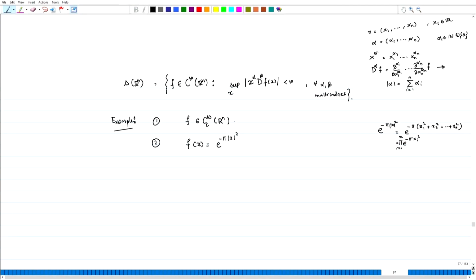Suppose del alpha n by del xn alpha n, which is going to act on the nth factor, and then the product by the chain rule, and on each single variable the Gaussian has much faster decay than the polynomial.